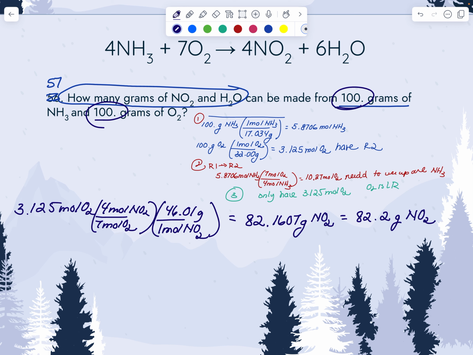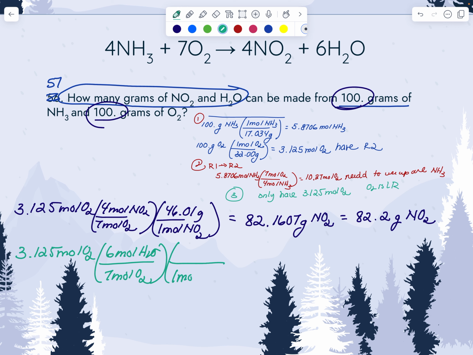And then the other part is how many grams of water. So again, I start with the 3.125 moles of oxygen because now that I know it's my limiting reactant, that's what's going to control the reaction. When that runs out, it stops. 7 moles of oxygen will make 6 moles of water.